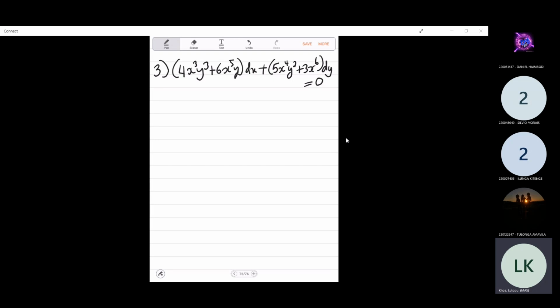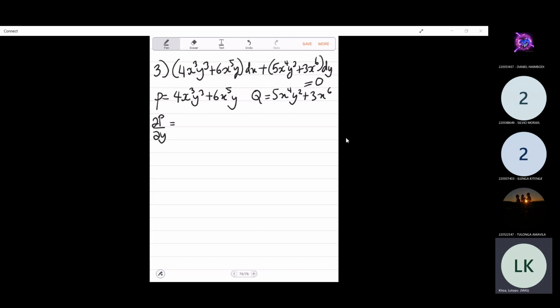So my p here is 4 x to the power of 3 y cubed plus 6 x to the power of 5 y, and then q is 5 x to the power of 4 y squared plus 3 x to the power of 6. So we find dp dy.